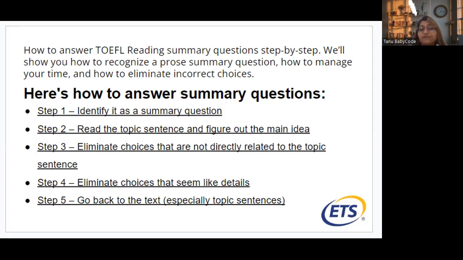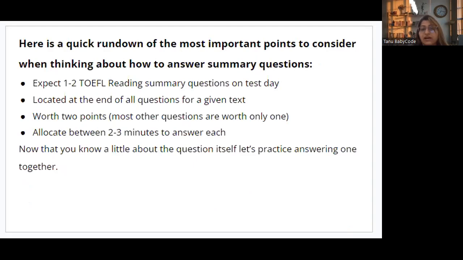Third is to eliminate choices that are not directly related to the topic sentence. Fourth is to eliminate choices that seem like details. And the fifth one is to go back to the text, especially the topic sentences. So let's quickly run down the most important points which you need to consider whenever you are answering the summary questions.